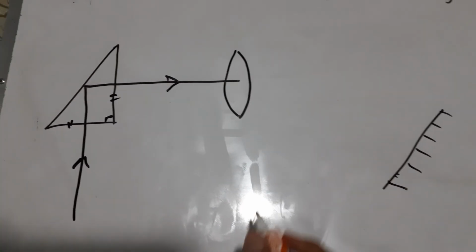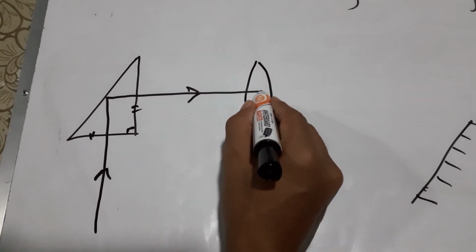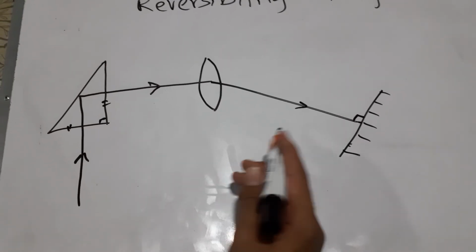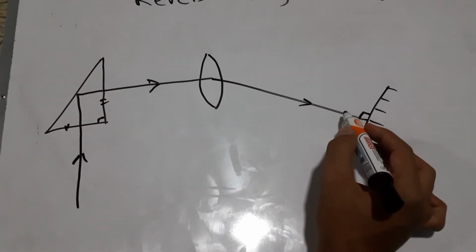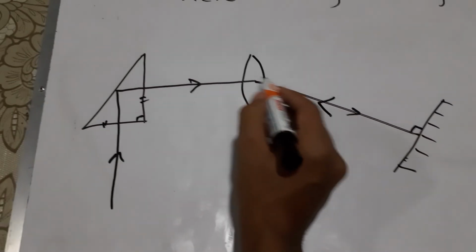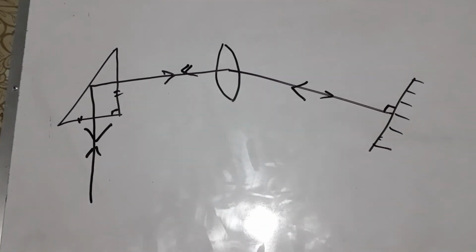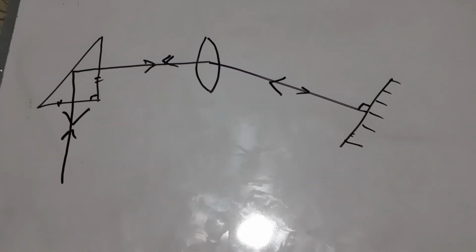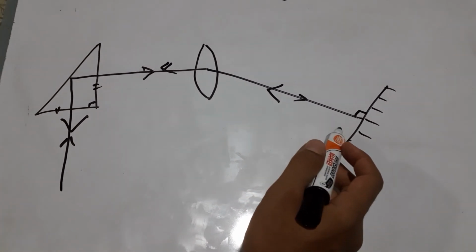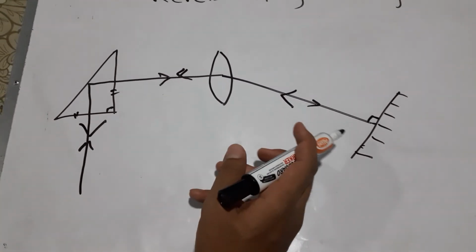When it passes through the convex lens, it will get refracted like this. The mirror reflects this light ray back, so that it follows the exact same path where it came from. If the direction of the light ray is reversed, it will follow the same exact path backward. This is what you call the principle of reversibility of light.